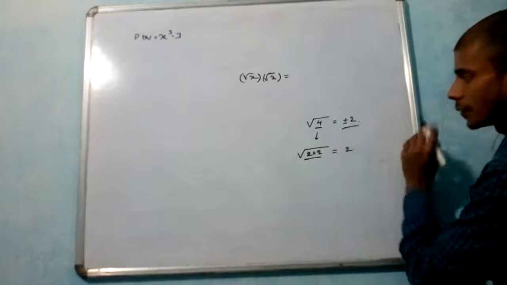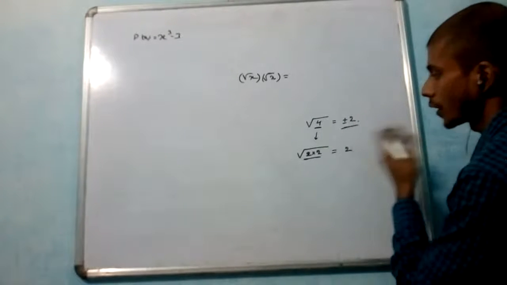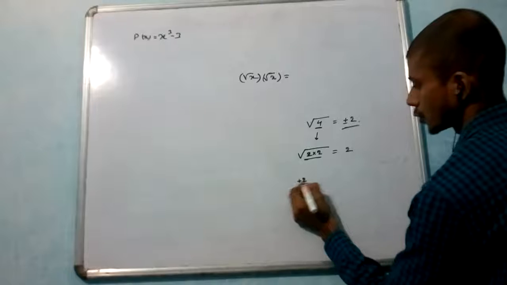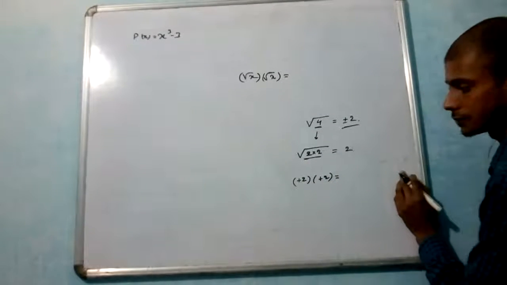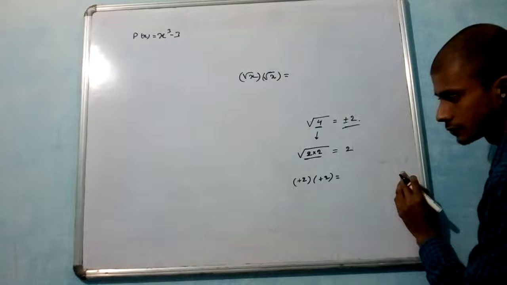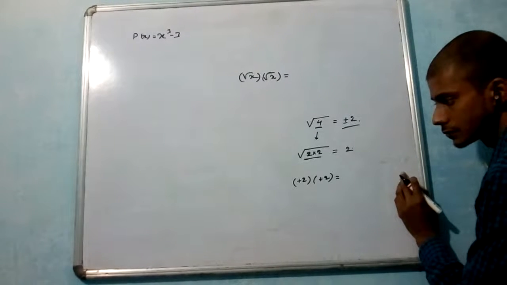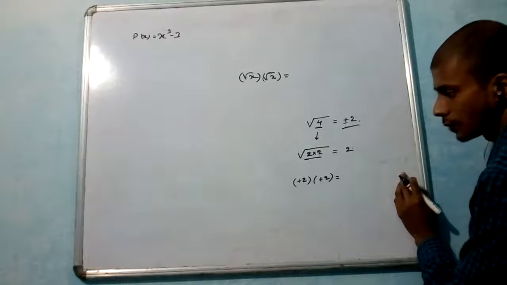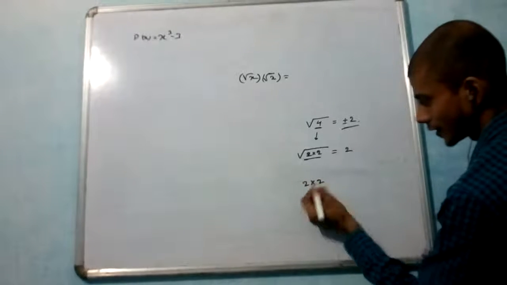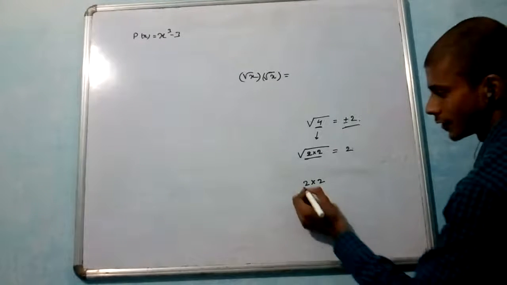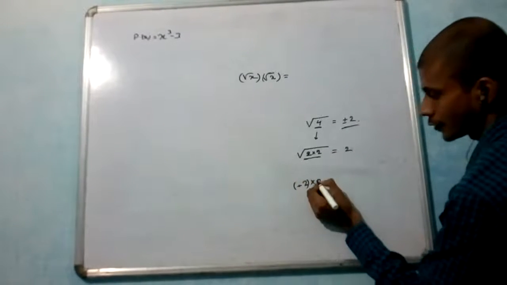Now why? So see here. Plus 2 into plus 2 is equal to how much? Plus 2 or plus 2, I am writing like this to understand. This is nothing but the same thing, isn't it? I am making it plus to see more, removing this sign and writing plus.